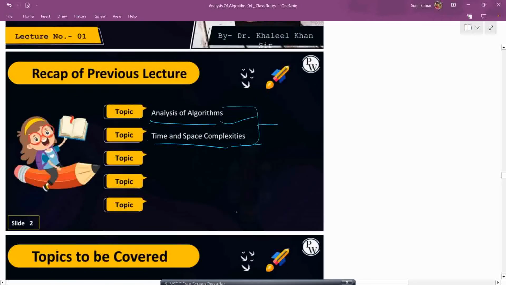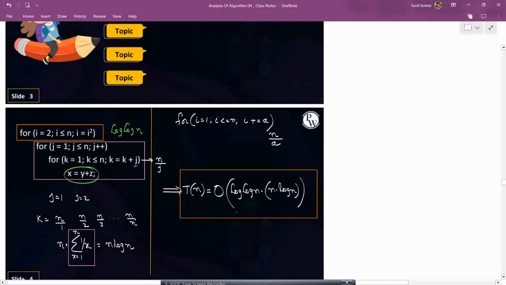Let's say, for this loop, i is equal to i into i square, and j is equal to 1 to n, k plus j. So what will be the time complexity for this?